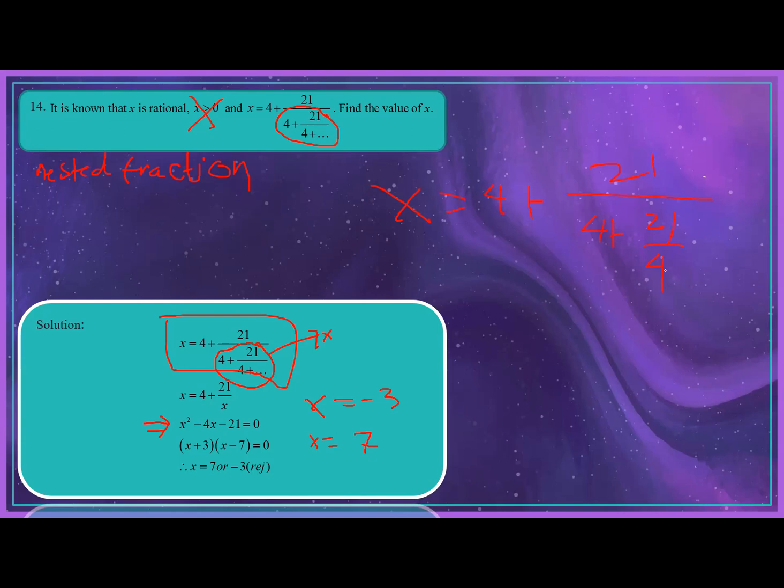You're adding positive numbers, so you are expecting a positive number also. So negative 3 should be discarded and rejected. So you have x equals 7 here.